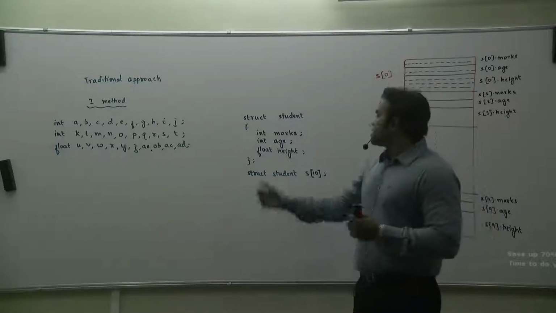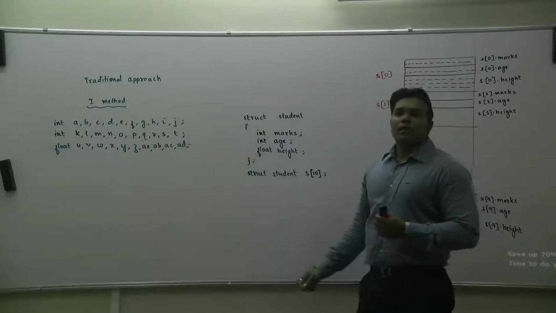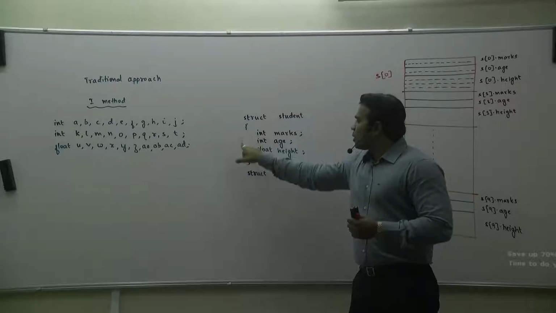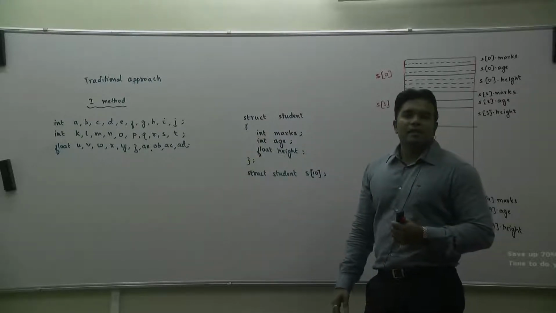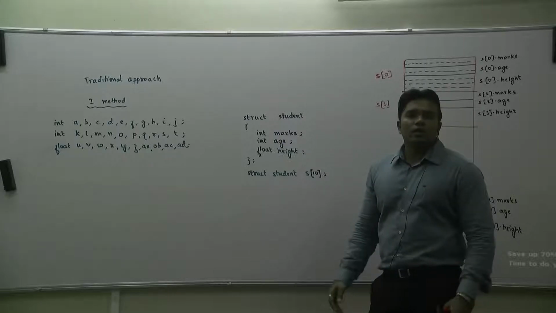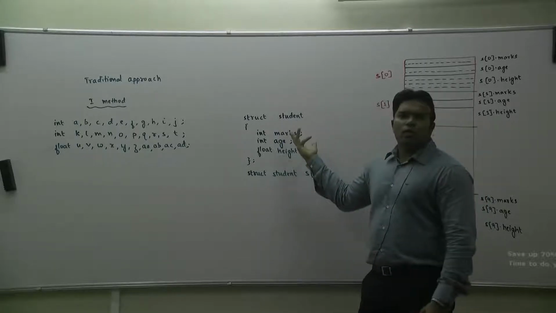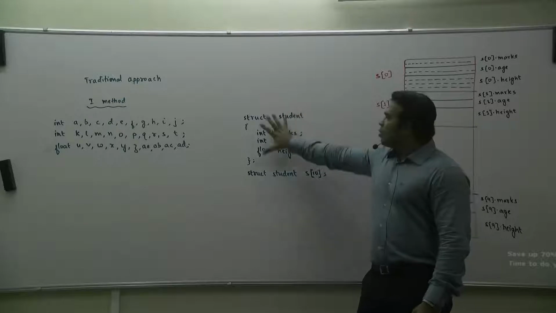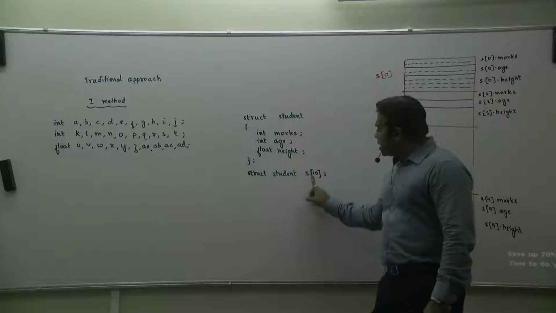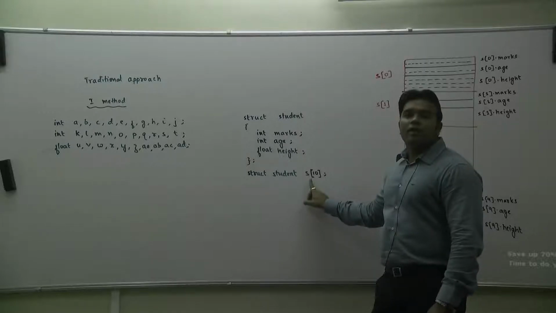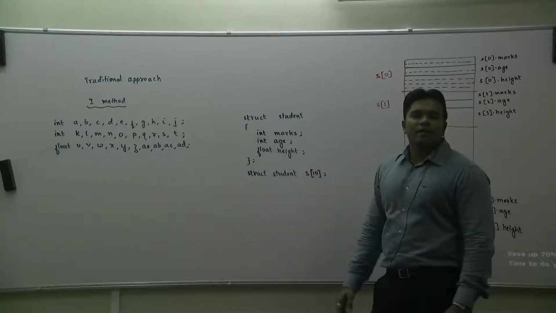To create a structure, we use the struct keyword, give a name to the structure, open bracket, close bracket, semicolon. That is the syntax, the rule that Dennis Ritchie has told. Inside that, you put whatever you want. But remember, no memory is allocated for the structure. Memory gets allocated only when you create a variable or an array.